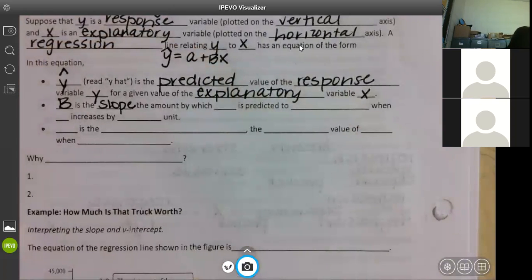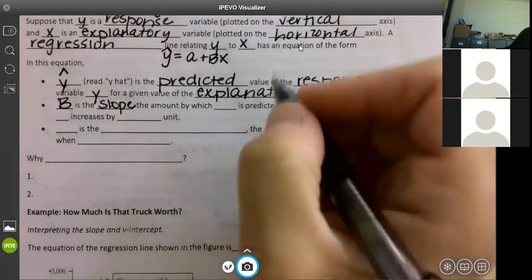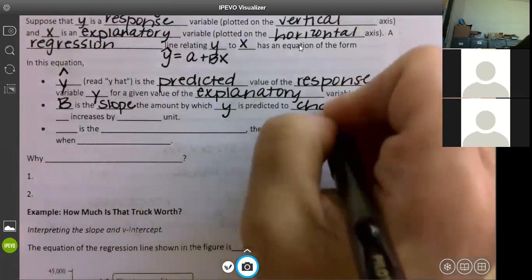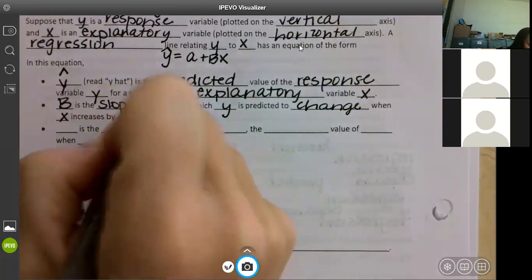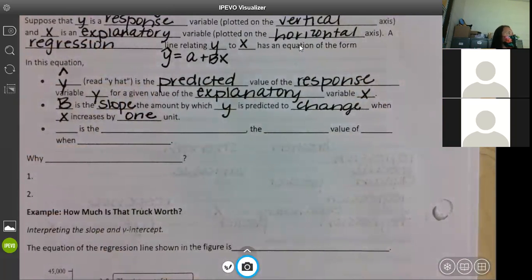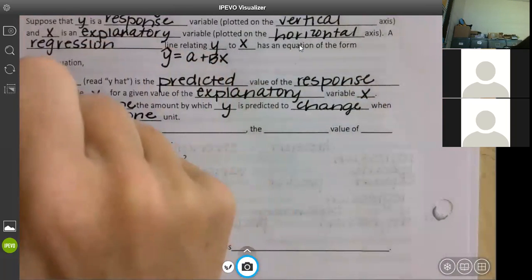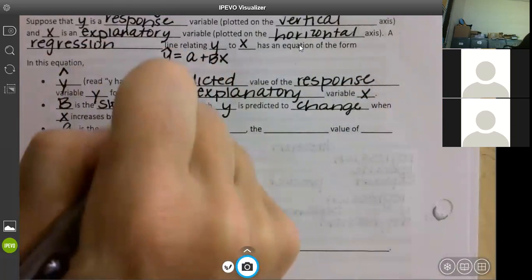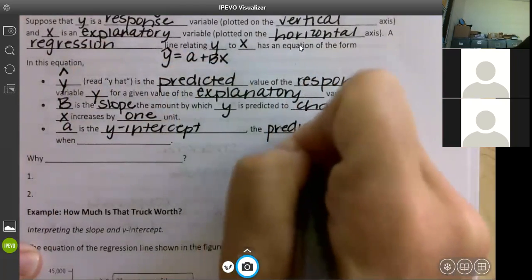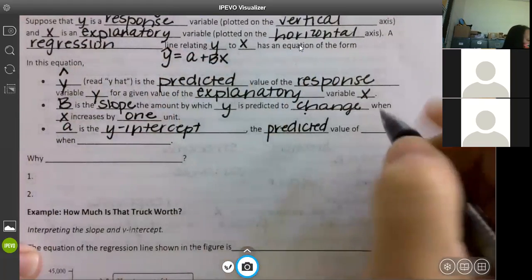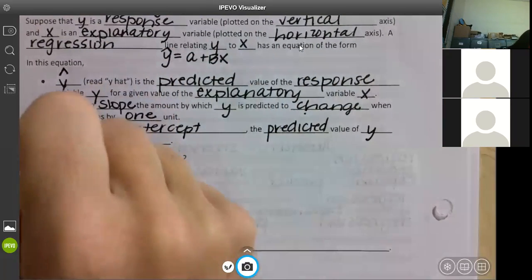b is the slope, the amount by which y is predicted to change when x increases by 1 unit. You already know that. That's from Math 1, that's from 8th grade. The number with x is your slope or your rate of change. a is the y-intercept, the predicted value of y when x, or the explanatory variable, is 0.